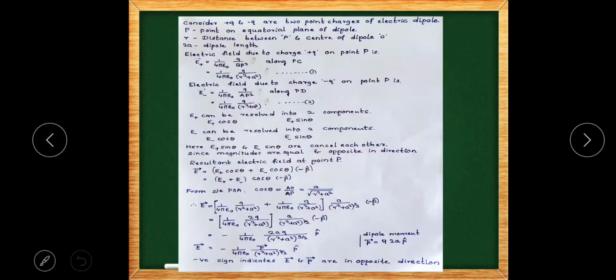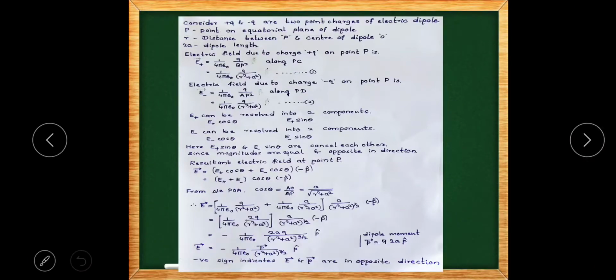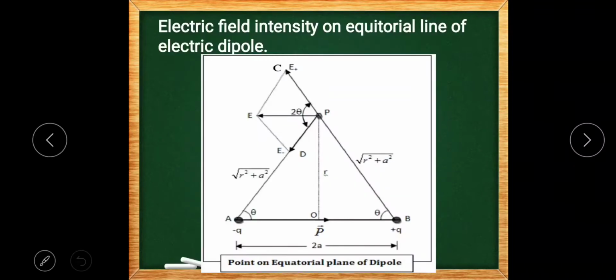Hence the resultant electric field at point P, vector E, equals E plus cos theta plus E minus cos theta into minus p cap. Here we mention the unit vector with a negative sign because in the diagram you observe that the net electric field is acting along this direction and the dipole moment is directed along this direction.